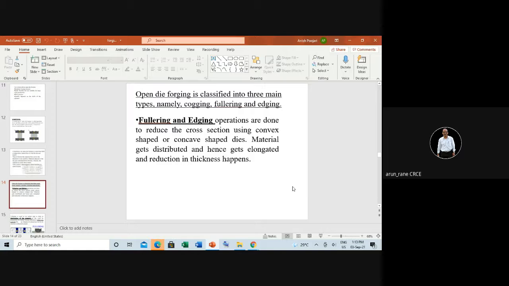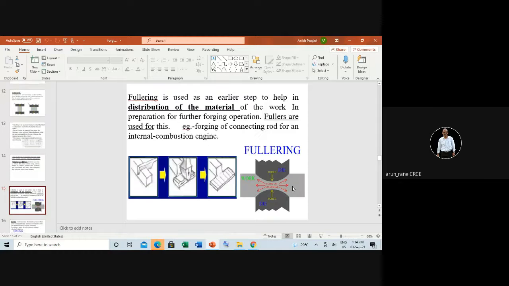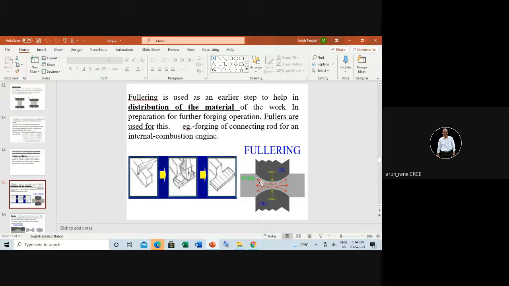Then there are other forging operations, that is fullering and edging. This is what is called the fullering operation.